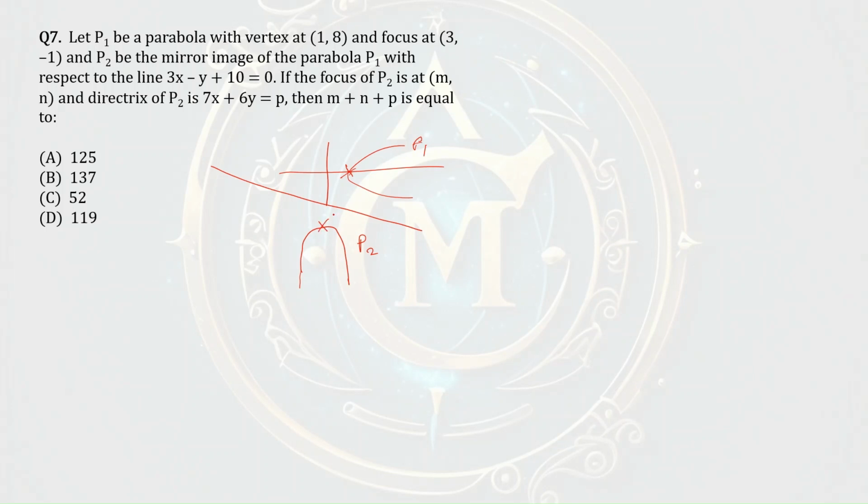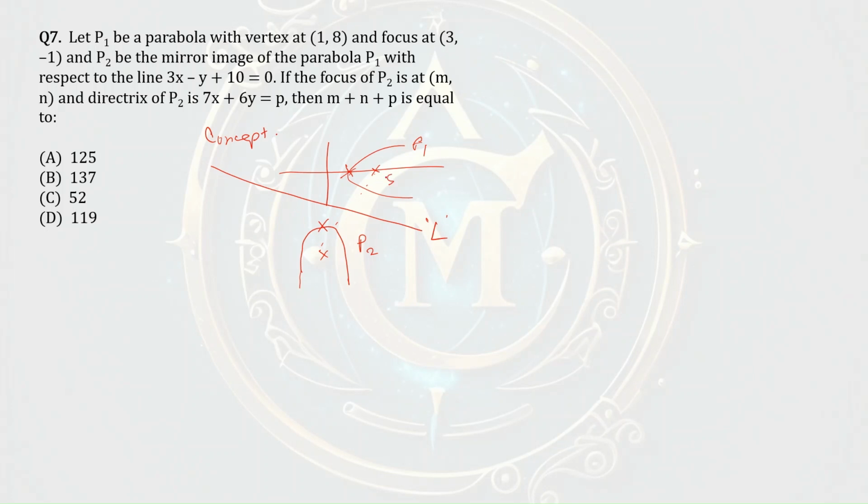So the vertex of P2 will be the mirror image of the vertex of P1 with respect to this line L. Let us call it L, and L is this. So the focus of parabola P2 will be the mirror image of the focus of parabola P1 with respect to this line L. This is the concept.